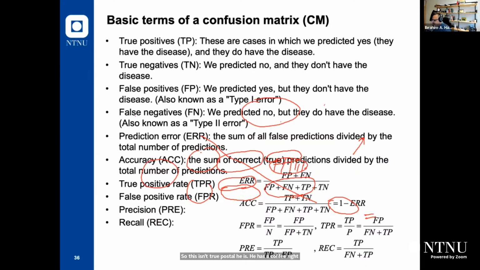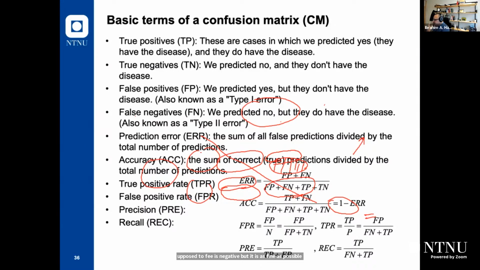He is COVID negative and has been classified as negative, which means it's fine. False positive: we predict yes, but they don't have the disease. He is negative but classified as positive, which is type 1 error.